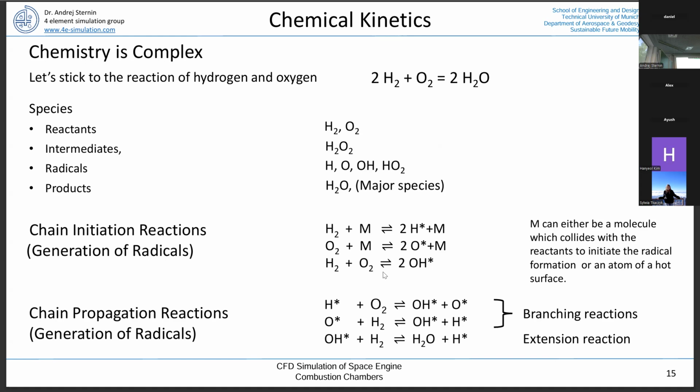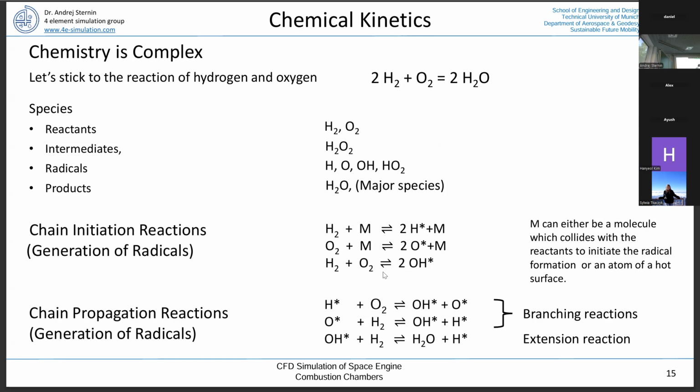So that's what is basically meant by M. M is a placeholder for any type of radical or particle which is in the mix. The main thing is that we are able to generate out of that elementary reaction two radicals. Here we generate as well two radicals, and here as well two radicals. So out of the blue, we are generating a large amount of radicals.